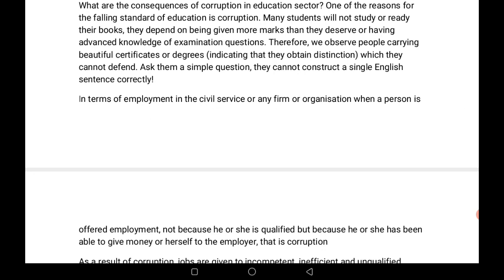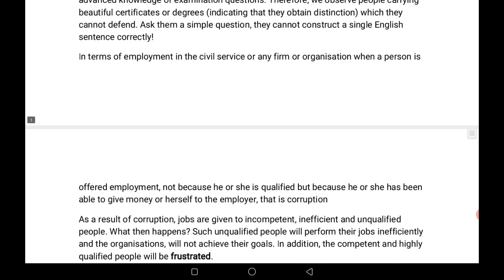The writer also looked at corruption in civil service or in any firm or organization, whereby some people are employed not because they are qualified, but because they have given money or they have bribed some of the employers, or they have been slept with.